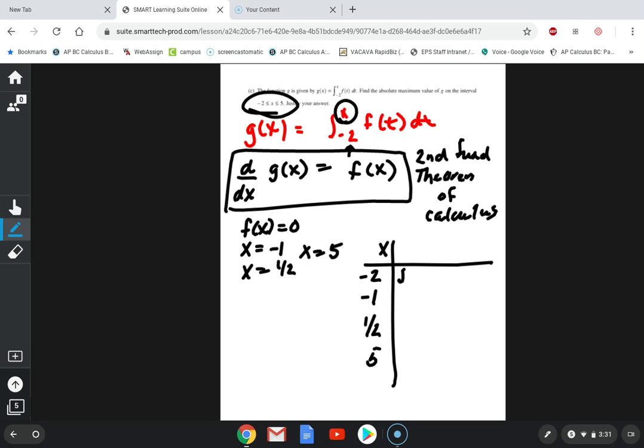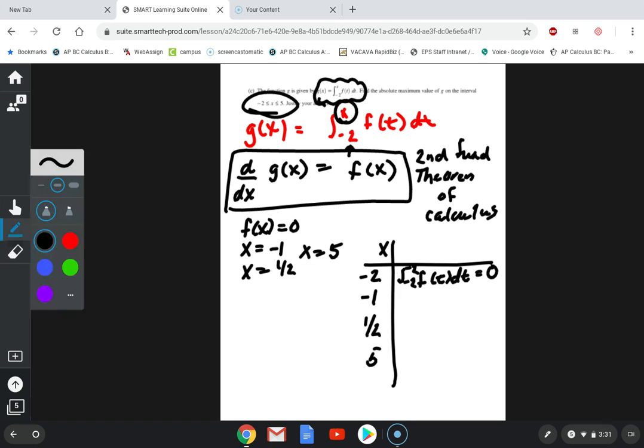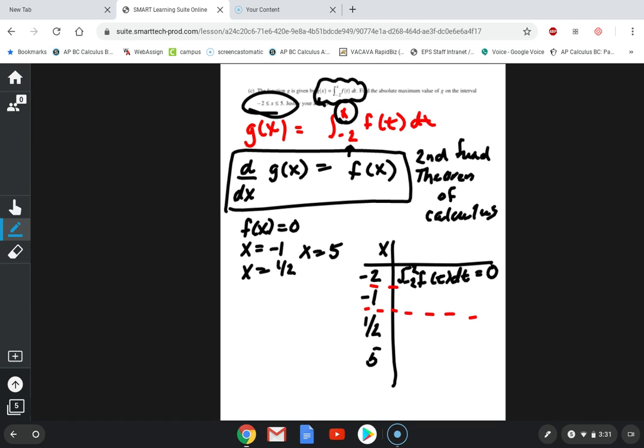I have the integral from -2 to -2 of f at t dt. And because I'm not moving from -2 to -2, the integral is 0. Again, putting the number back in the function up here. So my next one, I'm going to do the -1.